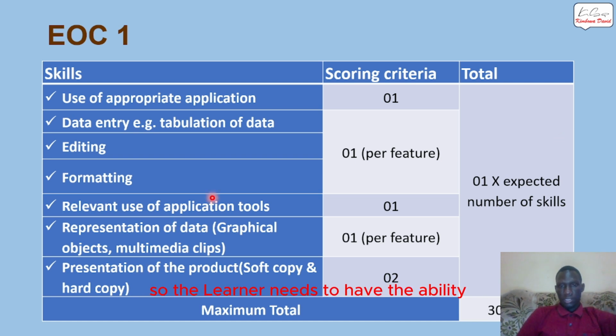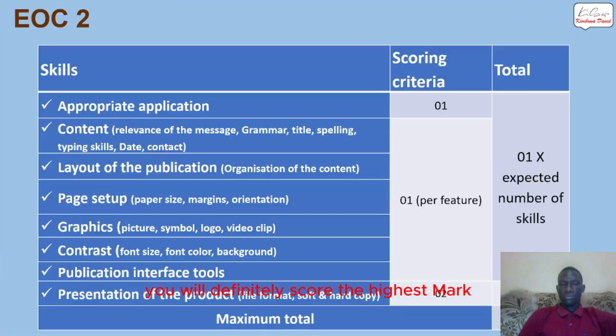So the learner needs to have the ability to use the right application. Has to be in position to enter the data properly, edit it, format it, because the more formatting features a learner uses, the more the score. Because our score is 3, so the more the learner has more formatting and editing features used and used rightly, he will definitely score the highest mark.